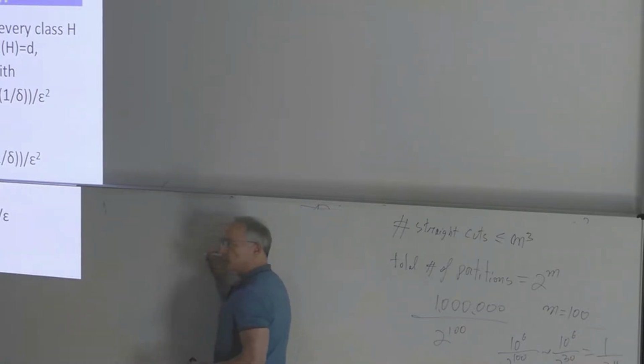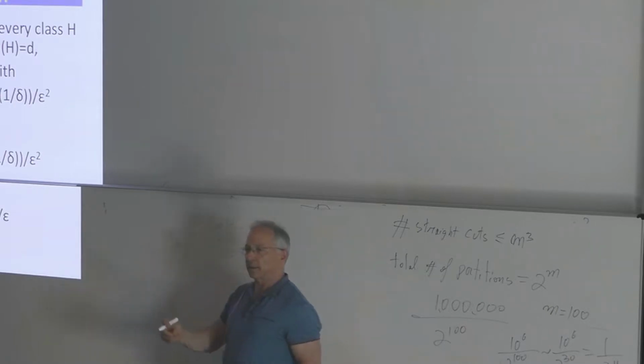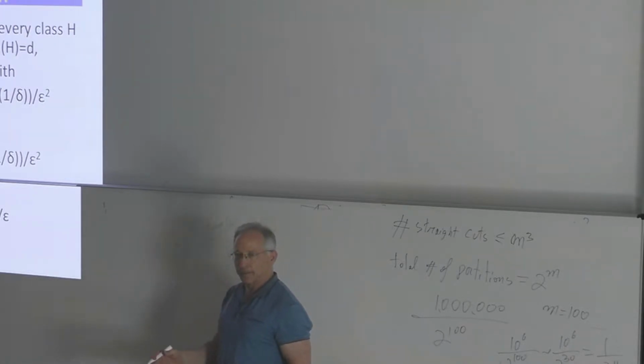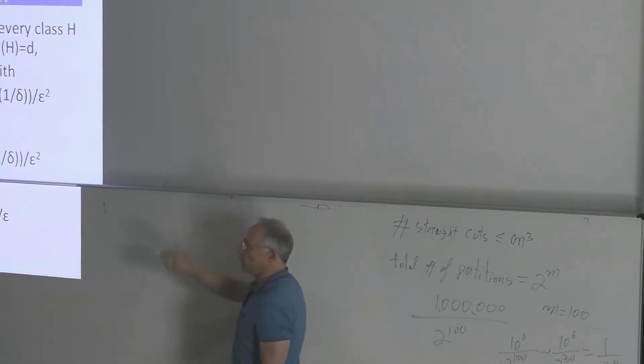And we got this log because we did a calculation of how many examples I need to zoom in on the error of a specific H. And then I counted all the possible H's and took the union bound. So this came from the union bound. I took the union over all members of H.